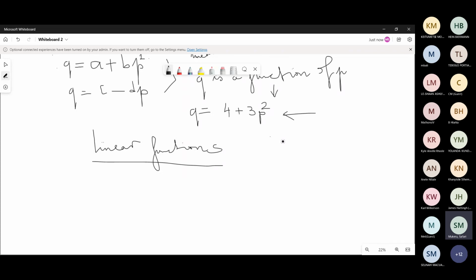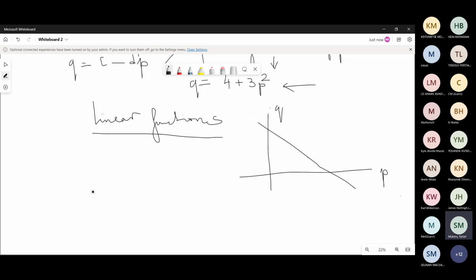If you plot Q as a function of P, with P the price and Q the quantity, you have a line. In other words, if you have two values of P, you can deduce everything else because the line will pass through those two points once and for all. Linear functions. Excellent.